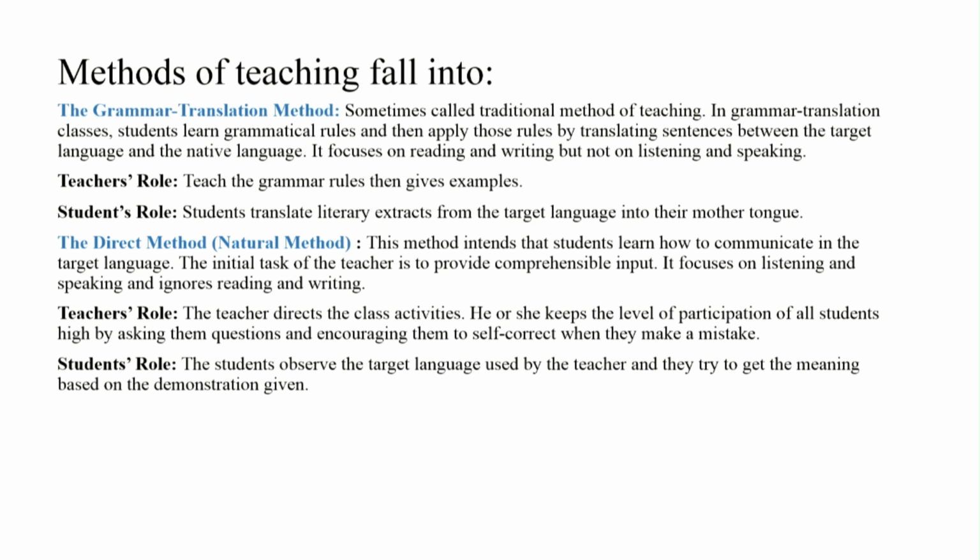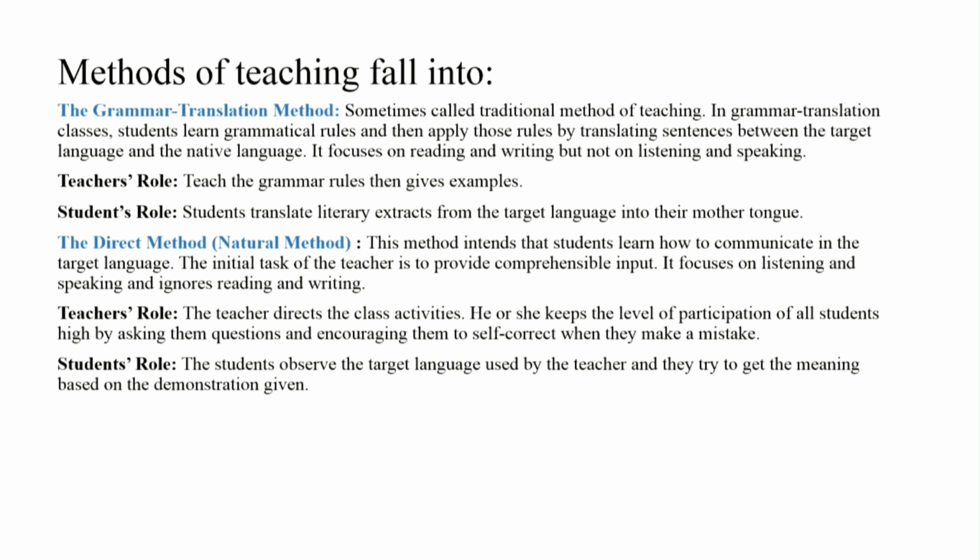Now we have the second method, which is the direct method or the natural method. This method intends that students learn how to communicate in the target language. The initial task of the teacher is to provide comprehensible input, and it focuses on listening and speaking and ignores reading and writing.